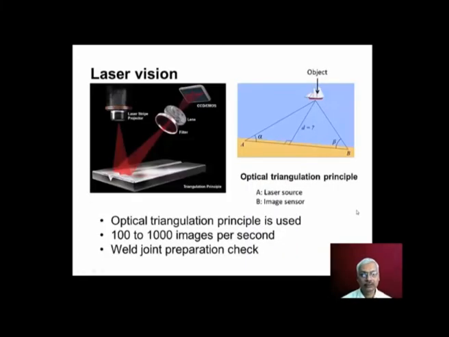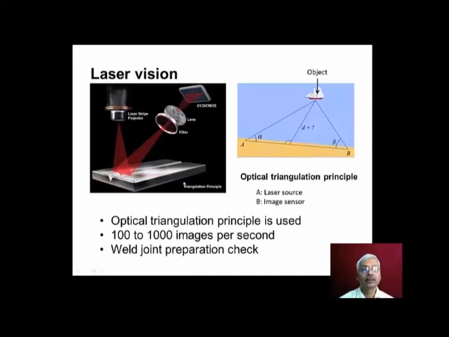Now let us discuss about laser vision. Lasers are also being used for measurement of workpieces, for single dimension measurement, 2D measurement, as well as 3-dimensional measurement is possible using laser.